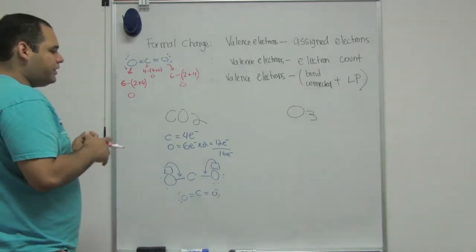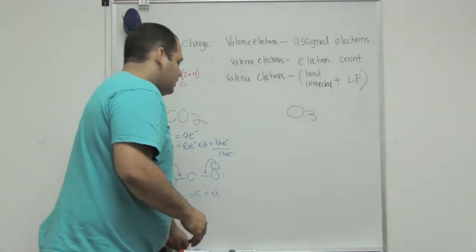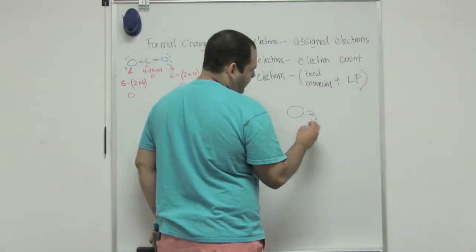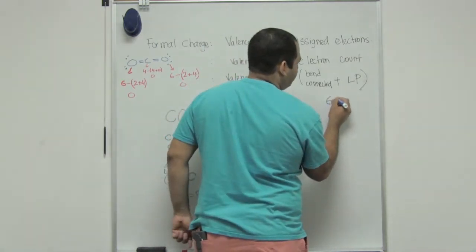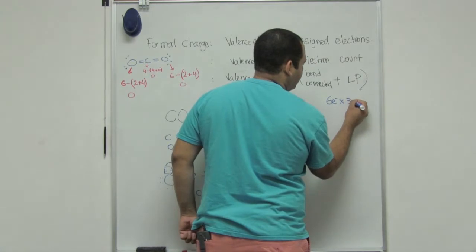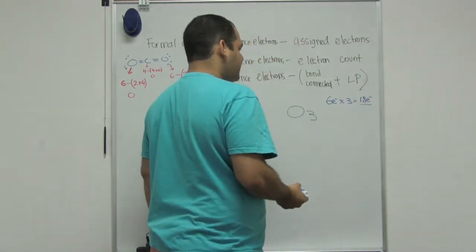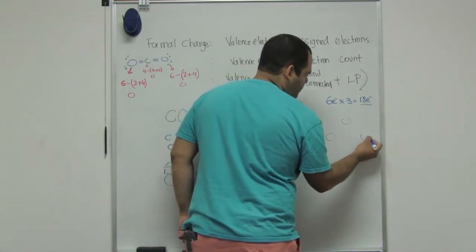Now let's work with the O3. For the O3 valence electrons, I know that each oxygen has 6 valence electrons. Because I have 3 oxygens, I'll say times 3, which gives me 18 valence electrons. So now I start thinking about the Lewis structure.